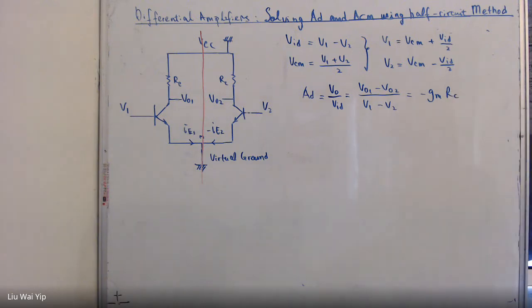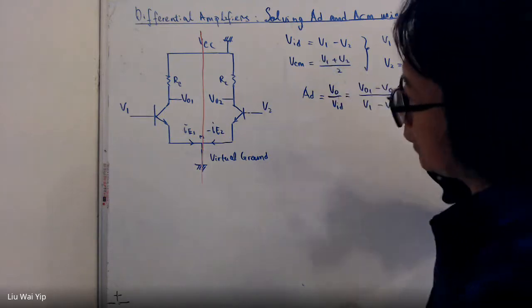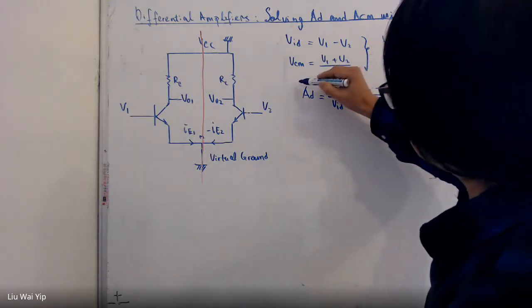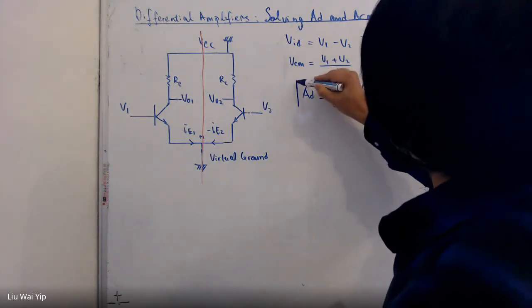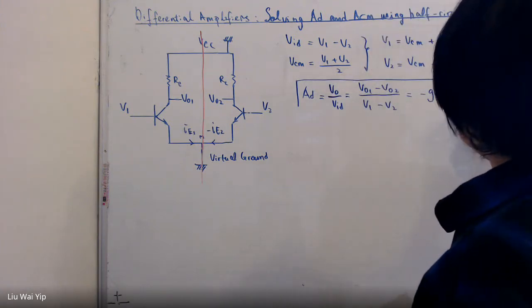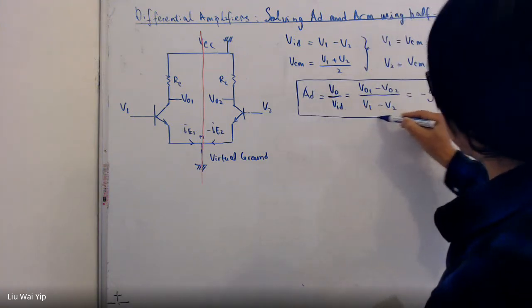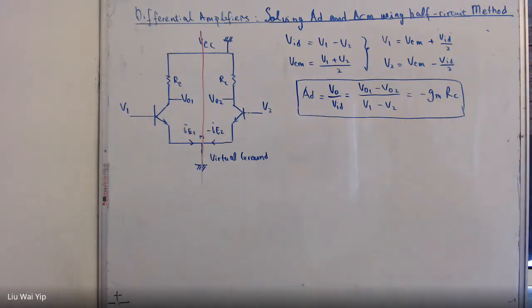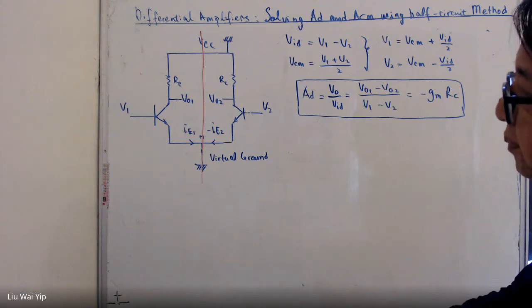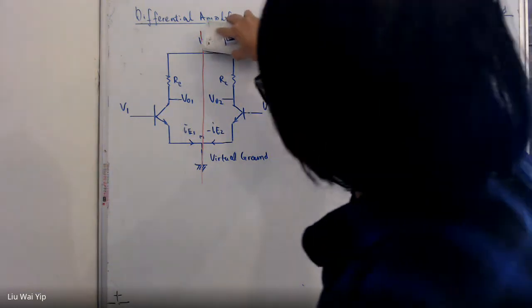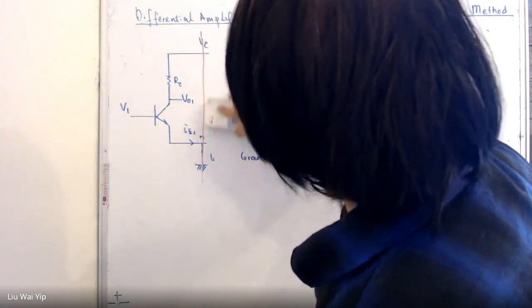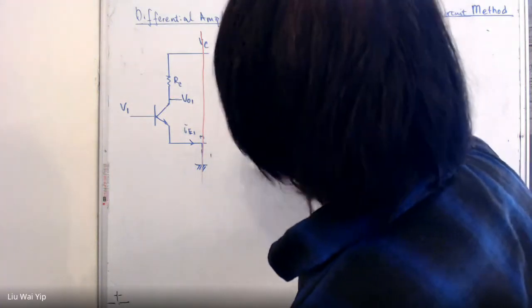This is the result that we expected to get. If we cannot get this result, this means our method is problematic. So this is what we are going to expect. Now, we are going to try this method.